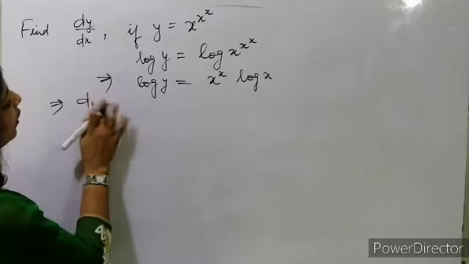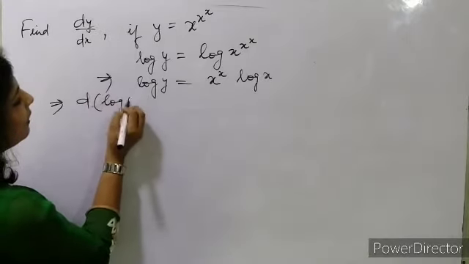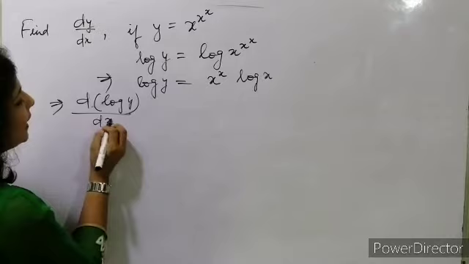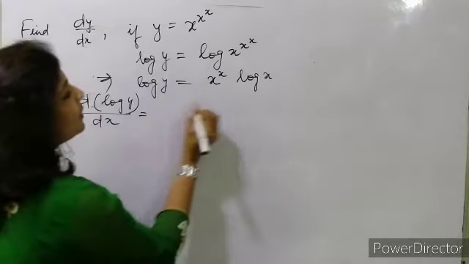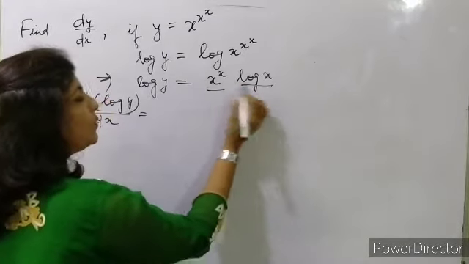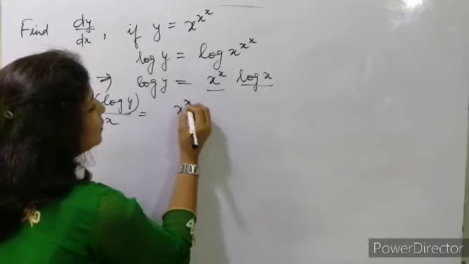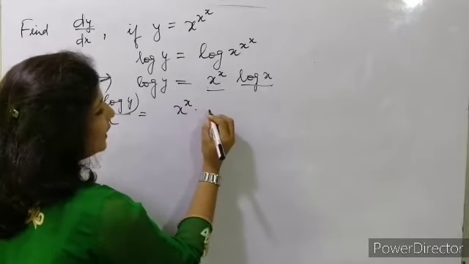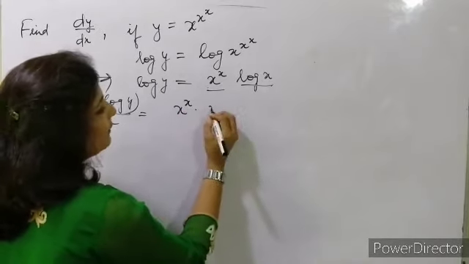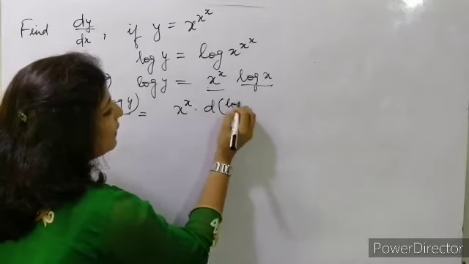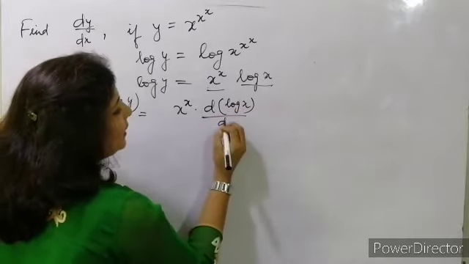So d of log y divided by dx will be equal to, now in terms of u v we will take x to the power x as constant, then we'll find out the derivative of this one, d log of x divided by dx.